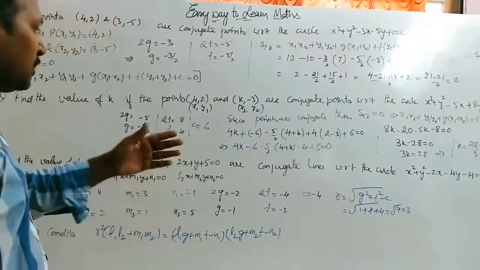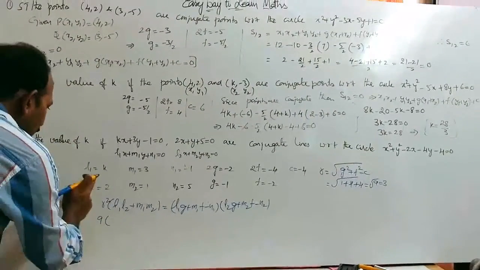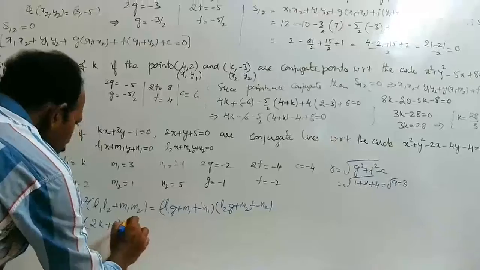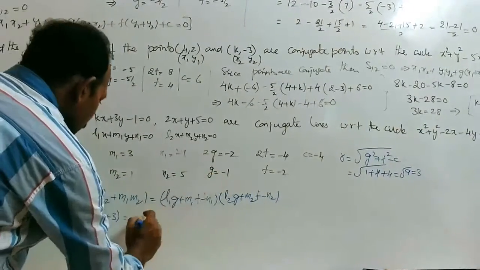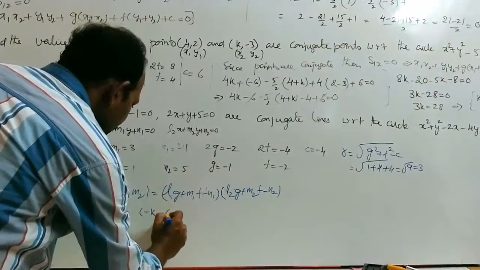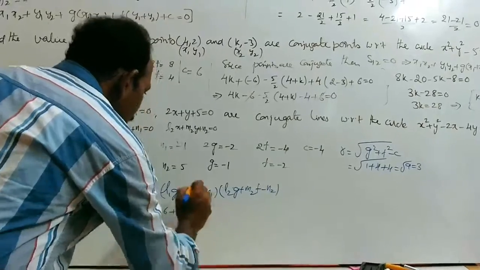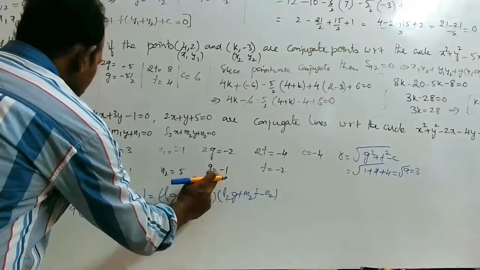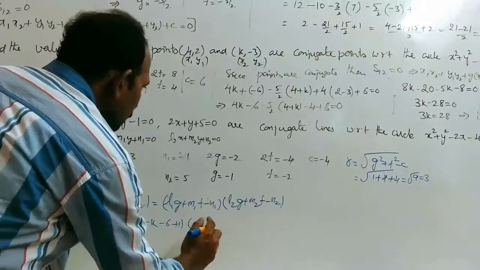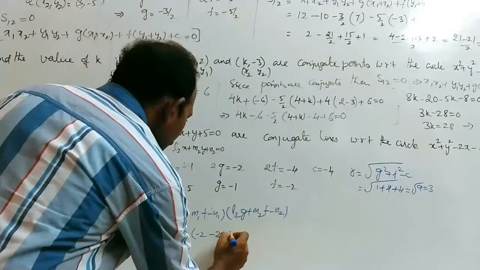Now let us substitute all these values in this formula. Then r square is nothing but 3 square, 9, into L1 L2 plus M1 M2, 2k plus 3, is equal to L1 into G, minus k, plus M1 into F, minus 6, minus N1, plus 1, into L2 into G, minus 2, plus M2 into F, minus 2, minus N2, here minus 5.